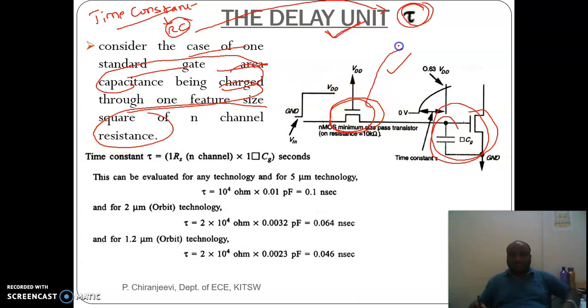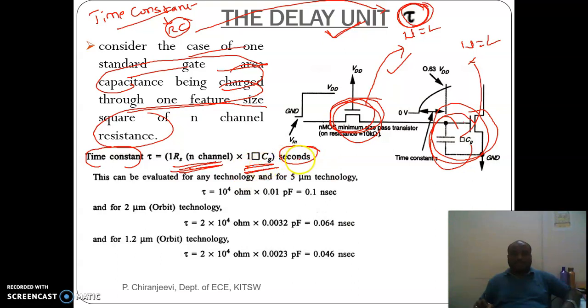In both cases, W is equal to L. So how this capacitance is being charged by this resistance, such a measure is given by the delay unit. In normal terms, we call it the time constant, given as tau is equal to Rs of n channel, that is the sheet resistance of n channel, multiplied by the standard unit of capacitance, in seconds.